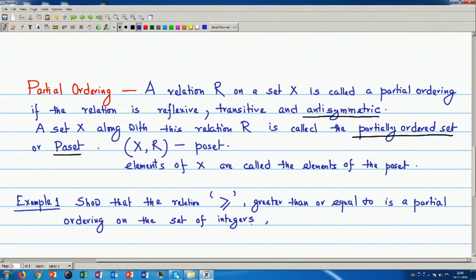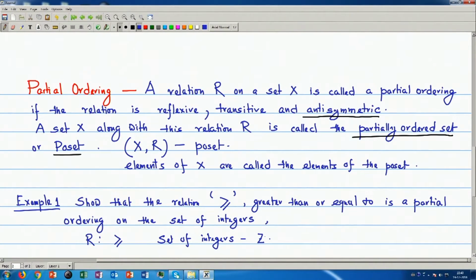Now, let the relation be R, greater than or equal to, and the set of integers, normally we denote as Z.